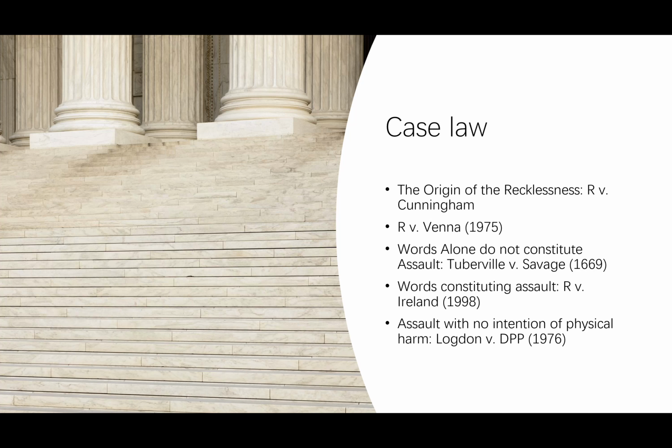So he was being detained and he was continuing to kick out and punch, basically being restless, while being detained by the officer, which allowed the officer to be in fear of any type of harm. So what if he kicks him? What if he hurts him, and it actually hurt the officer? In that case, it would be assault and battery, but we're looking at the assault component of R v Venna now, and it was most definitely there.